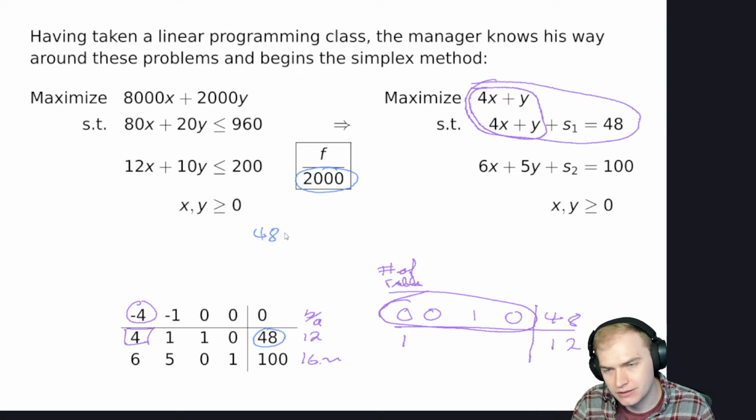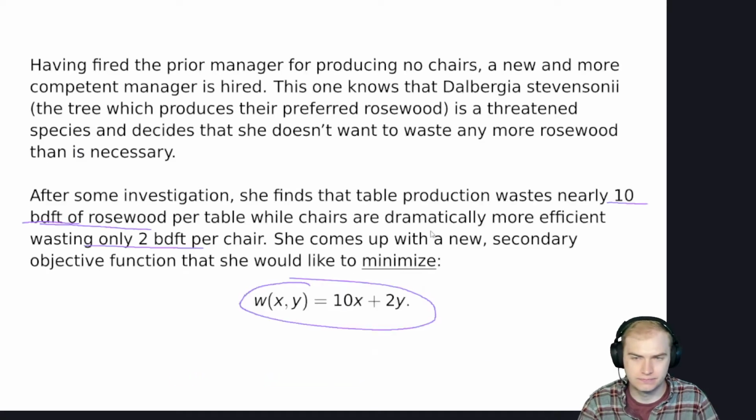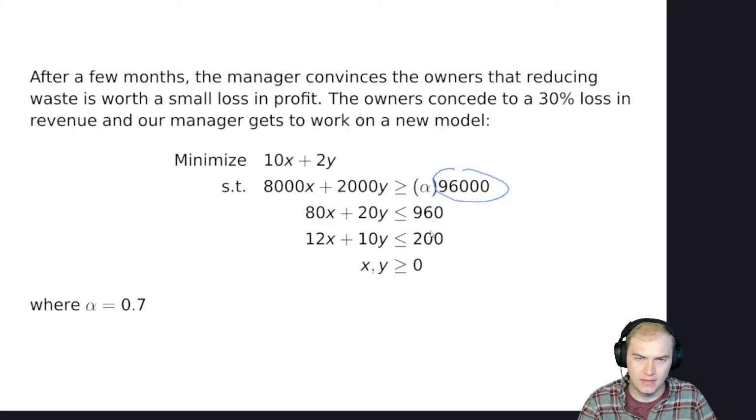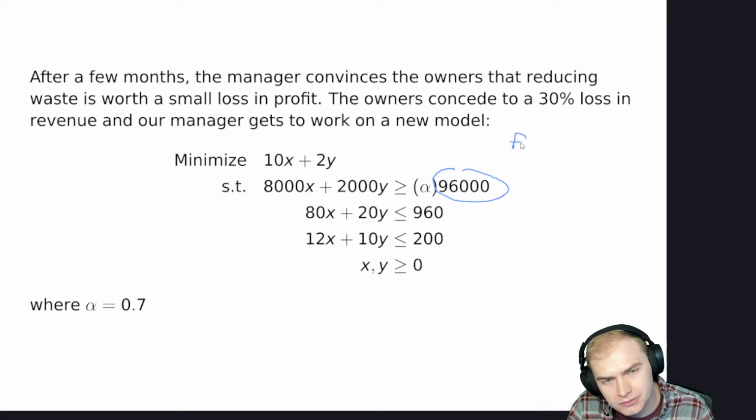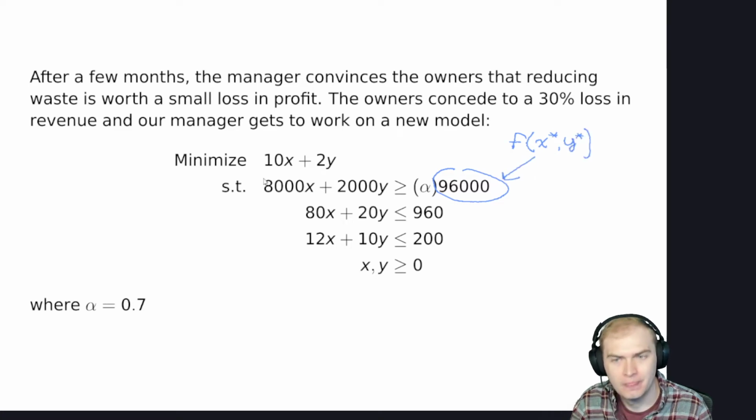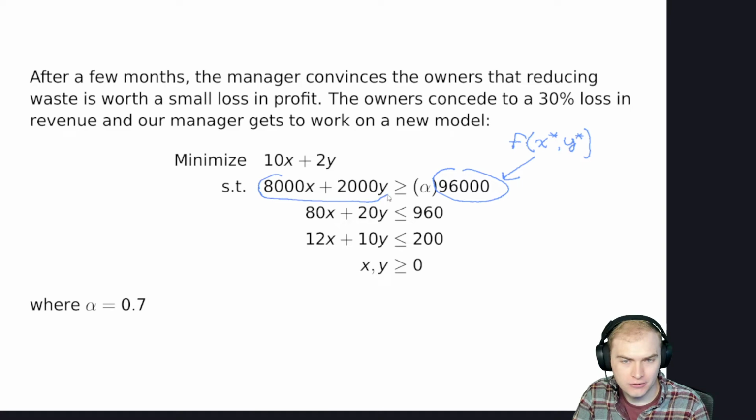So 48 times 2,000 is 96,000. So the profit function of the optimal solution, we plug it into here, and we have just the original profit objective function on the left-hand side.